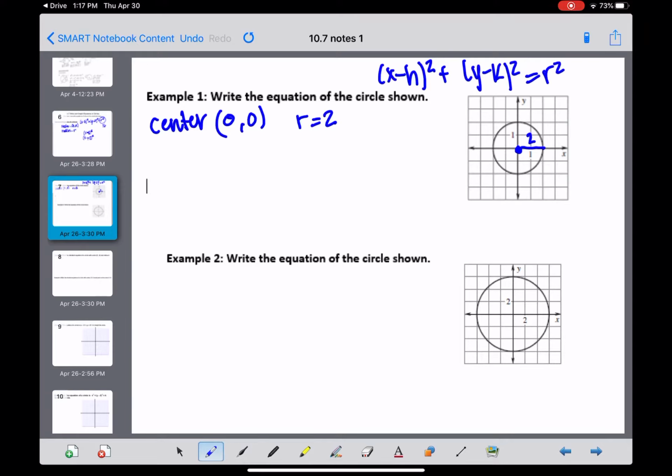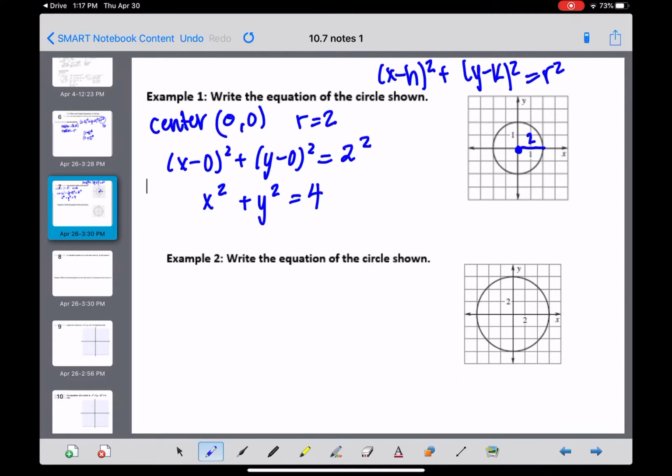So we have (x - 0)^2 + (y - 0)^2 = r^2. x minus 0 squared is just x squared. y minus 0 squared is just y squared, equals 4.